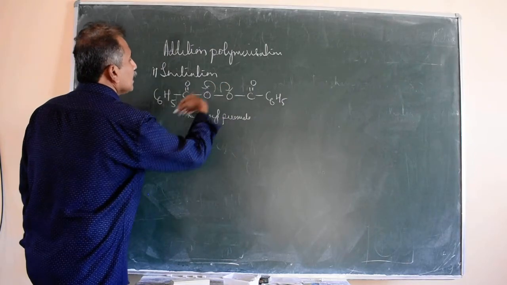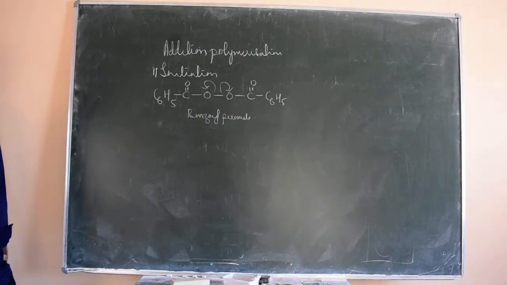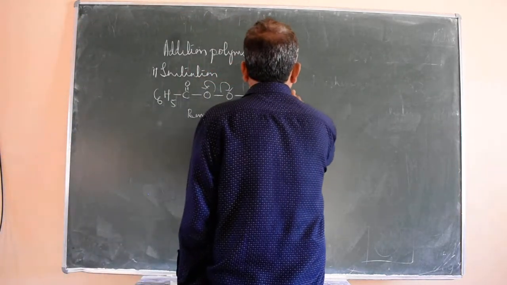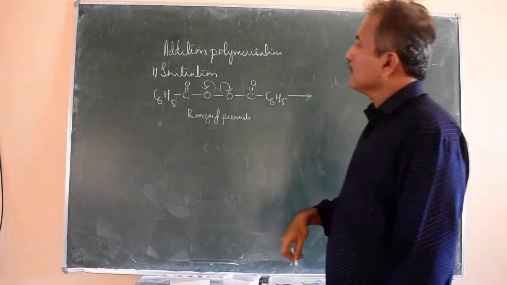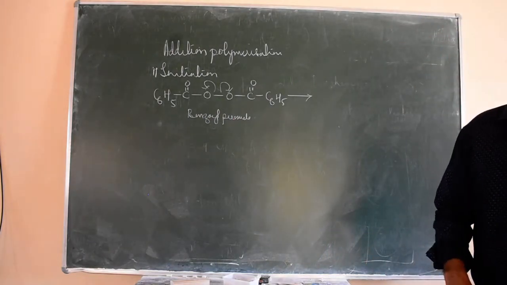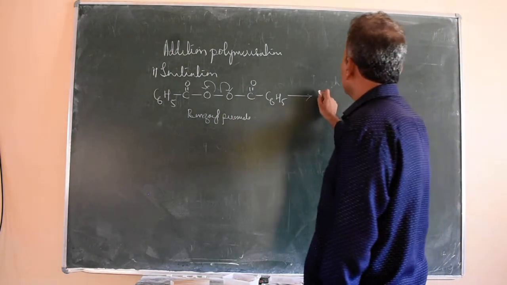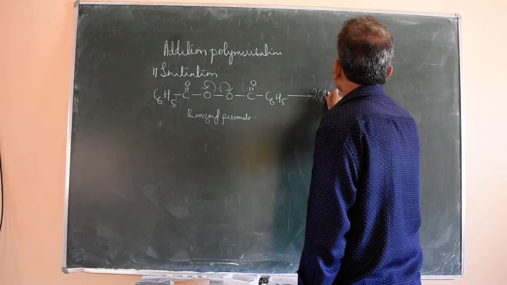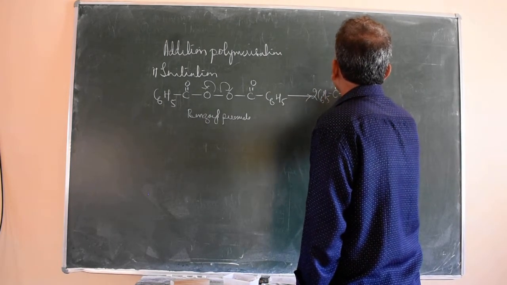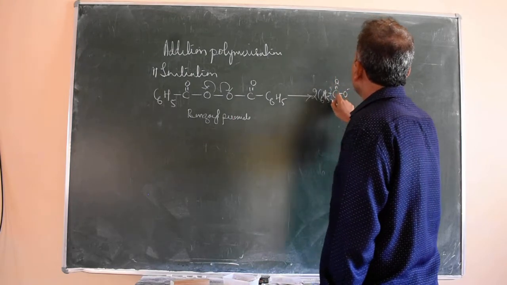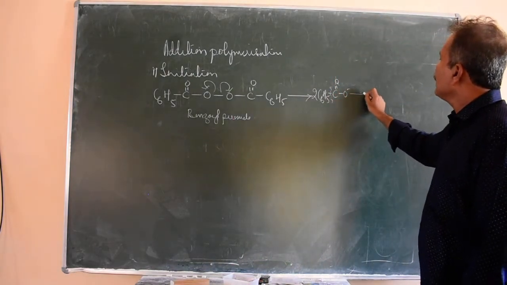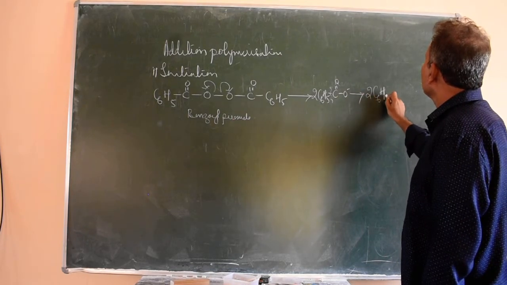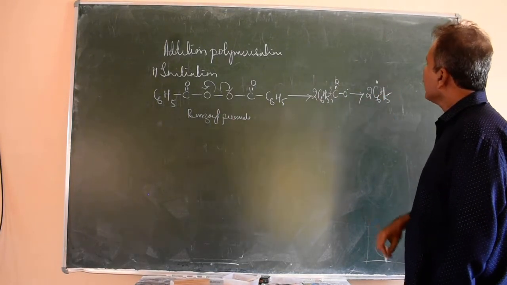Now it will undergo fission. This bond will break here and we will get 2 C6H5-C(=O)-O radicals, and then 2 phenyl free radicals.